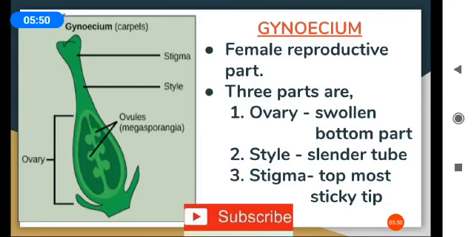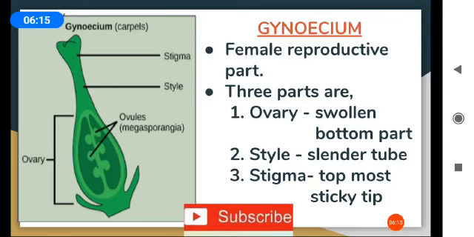The swollen bottom part is the ovary. Inside the ovary only the seeds are produced. On top of the ovary there is a slender tube-like structure, that is style. The topmost sticky tip of the style is stigma.